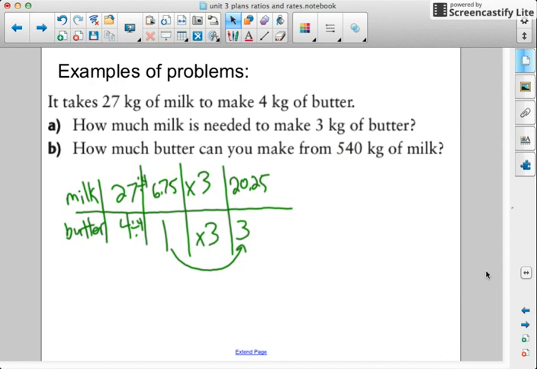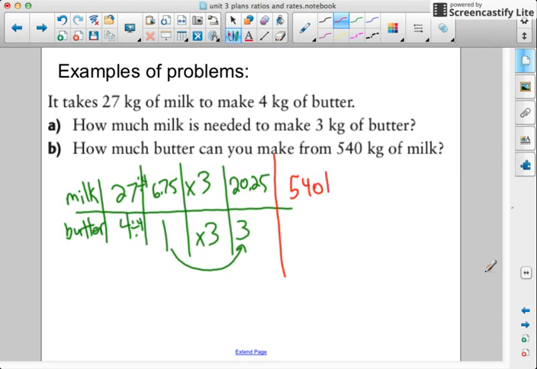Second question is, how much butter can you make from 540 kilograms of milk? So if I were just to extend my table here, if I have 540 kilograms of milk, my question is, how much butter can I make?